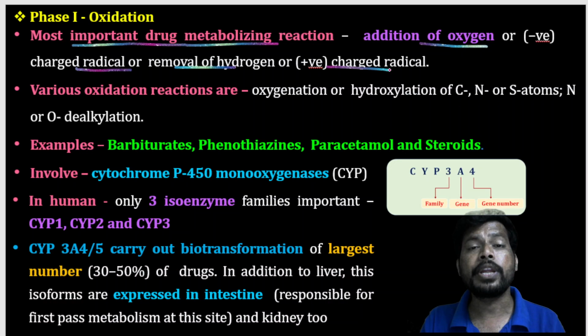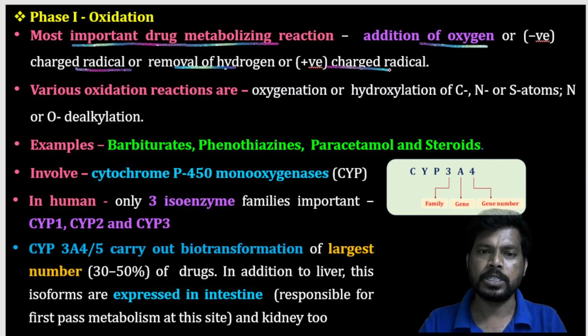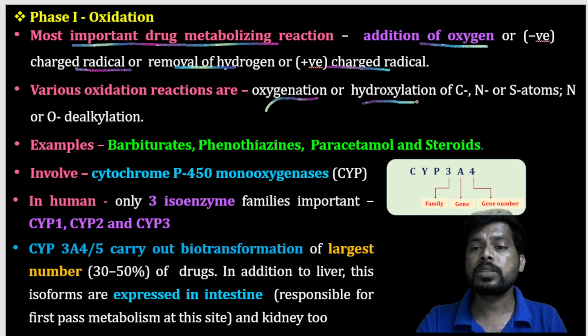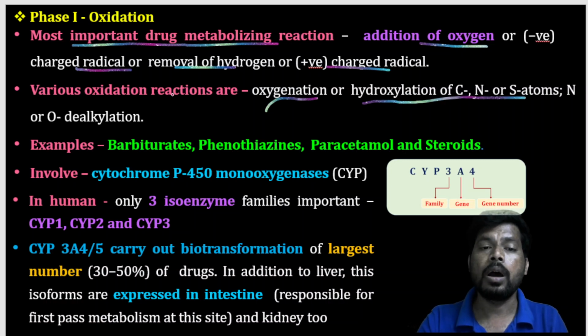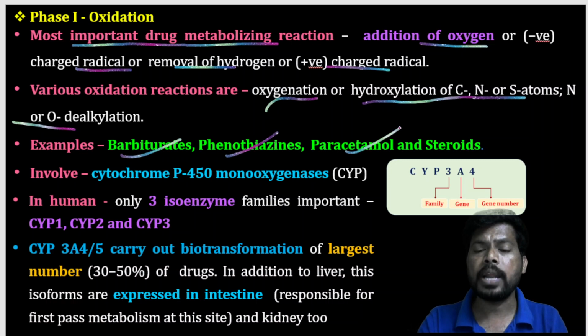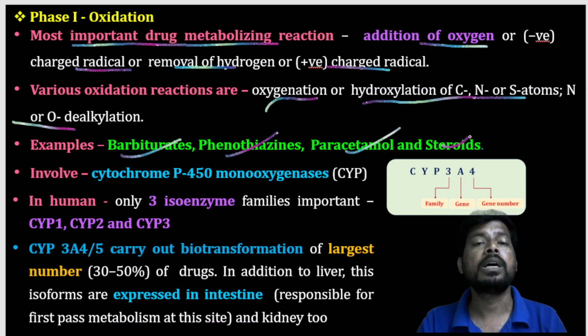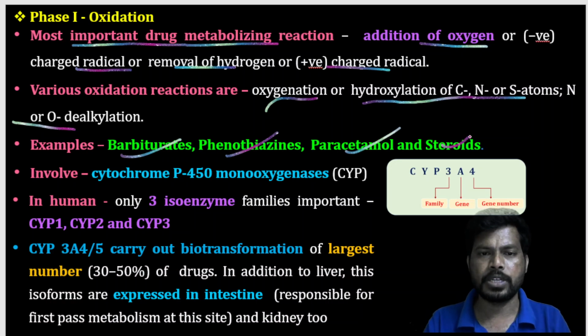There are various oxidation reactions like oxygenation, hydroxylation of carbon, nitrogen or sulfur atoms, or N-dealkylation. Examples like barbiturates, phenothiazines, paracetamol as well as steroids undergo oxidation reactions.